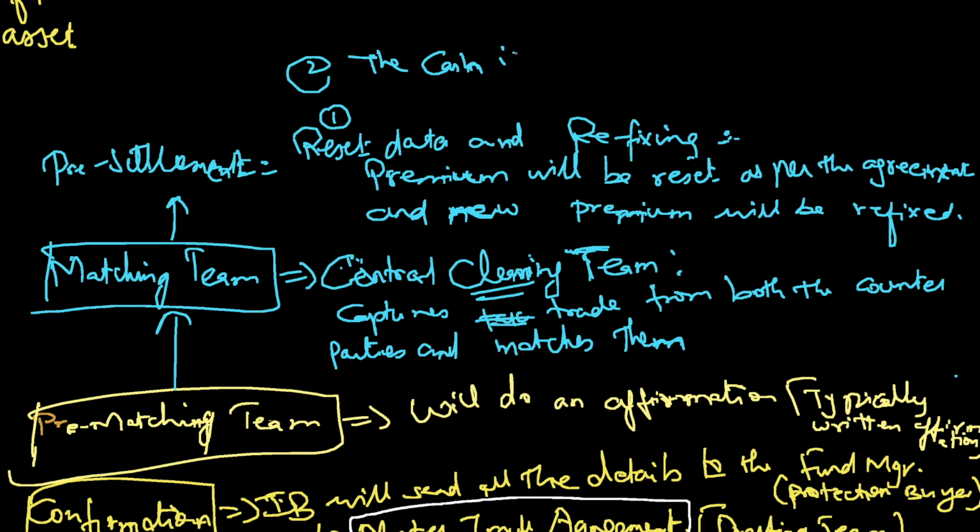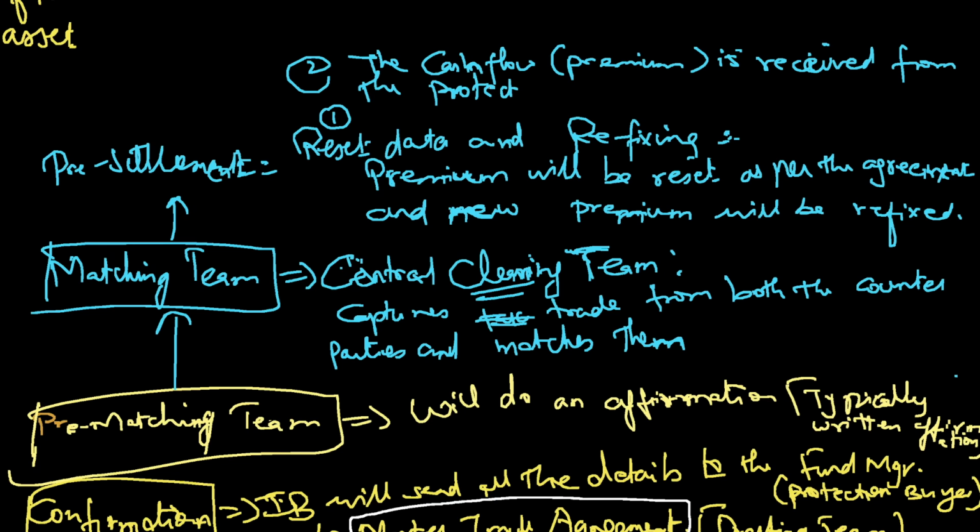Cash flow or premium is received from the protection buyer and sent to the protection seller.